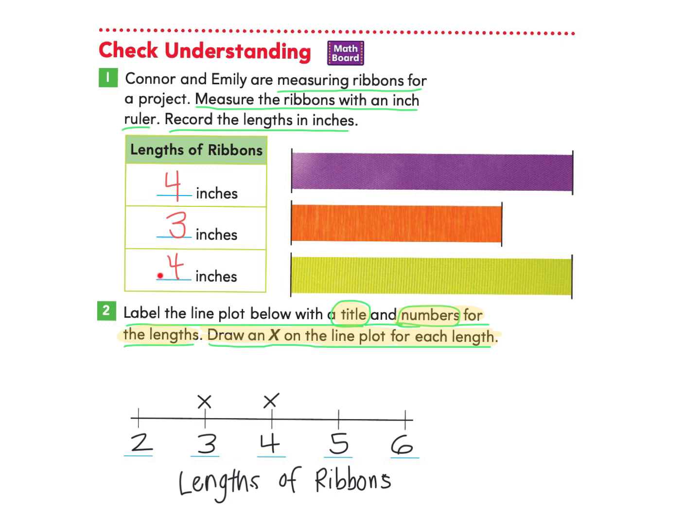And then I go to the next one, which is 4 again. And do you remember what we do when there's another number that already has an X? We're just going to make an X on top of the X that's on the line plot. So now I have completed my line plot for lengths of ribbons, and I have 1 X on 3 and 2 X's on 4. Great work.